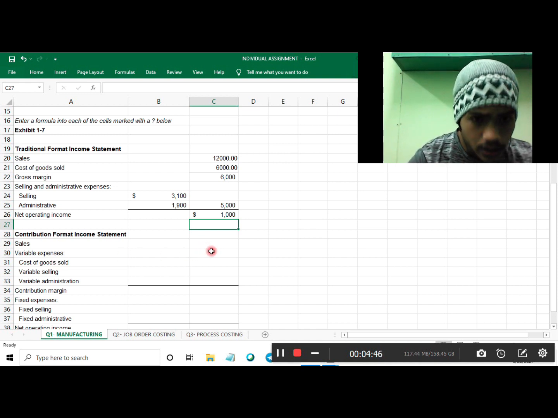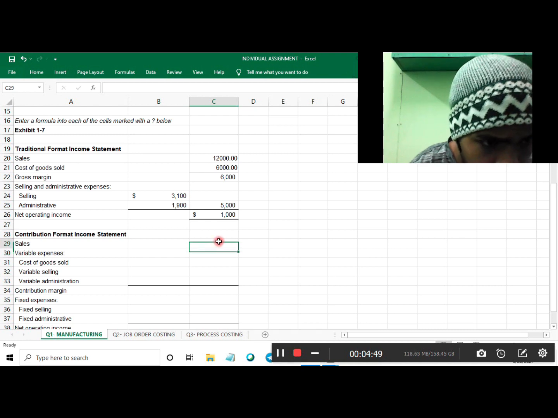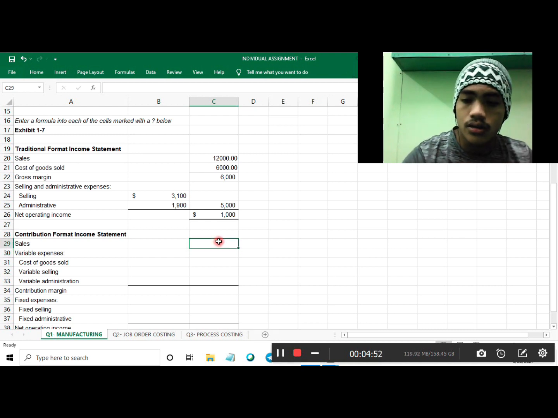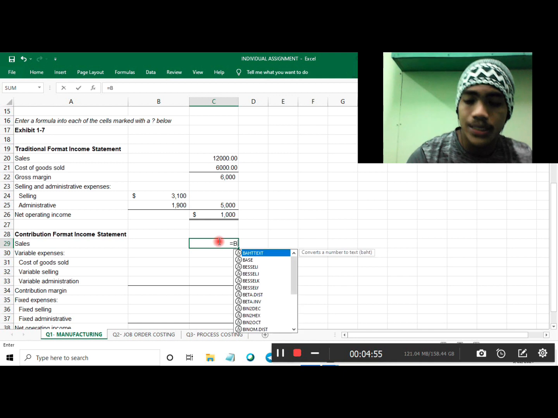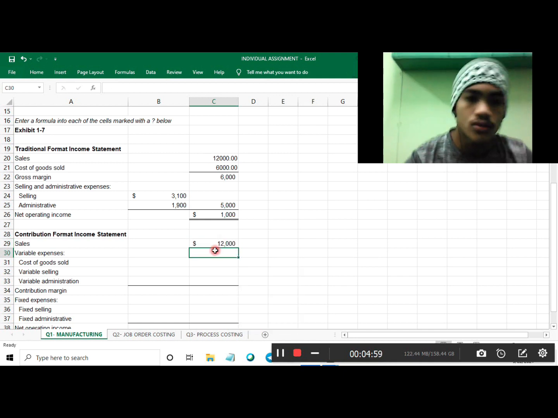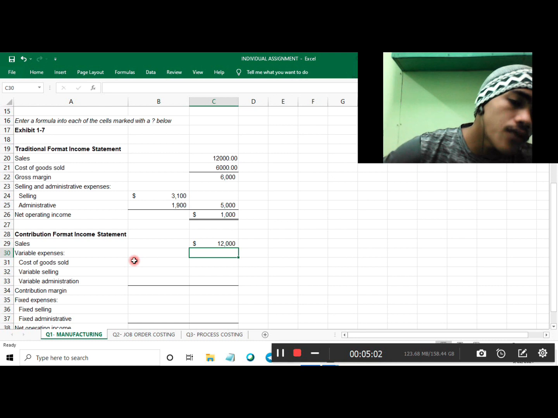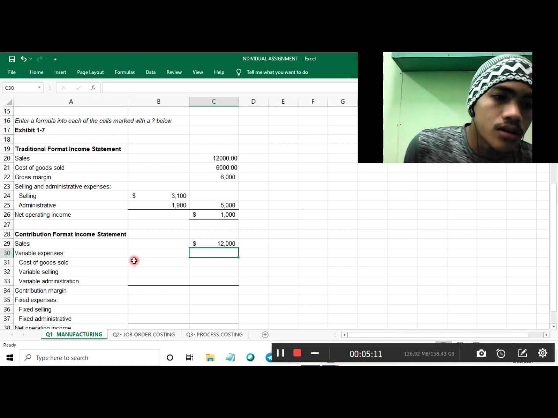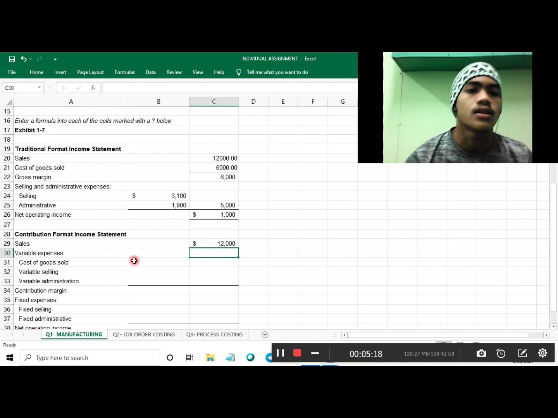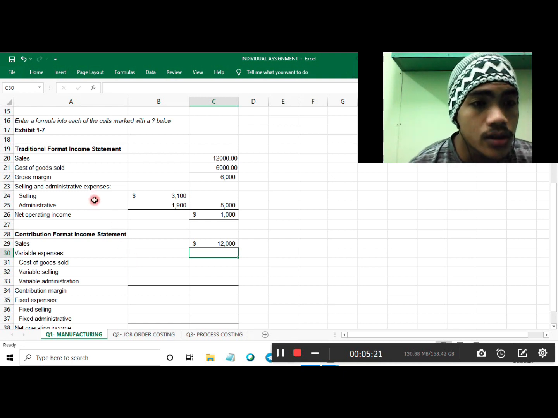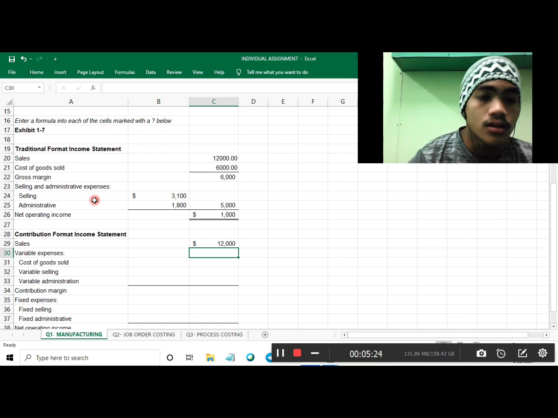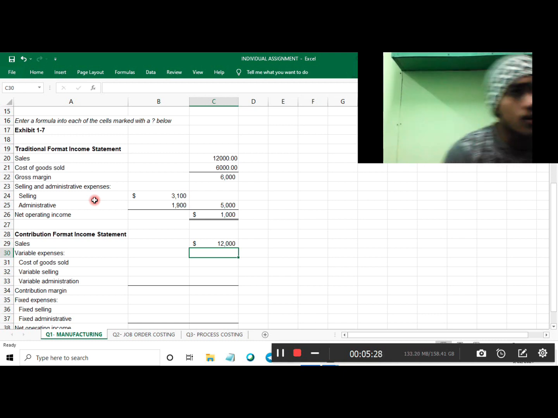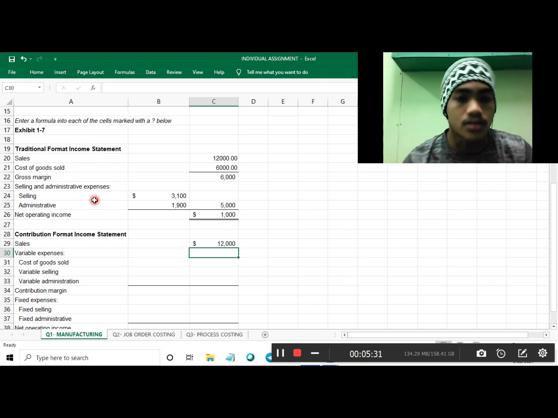For sales, we take from the data, equal B7, 12,000. The difference between the traditional format and the contribution format is that in the contribution format the expenses are separated into variable and fixed, whereas in the traditional format we combine the fixed and variable expenses.